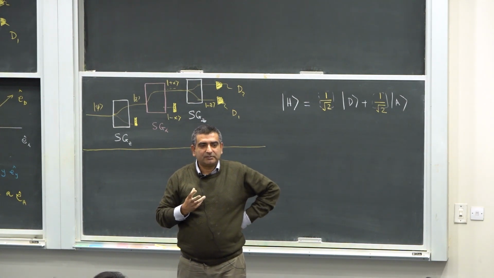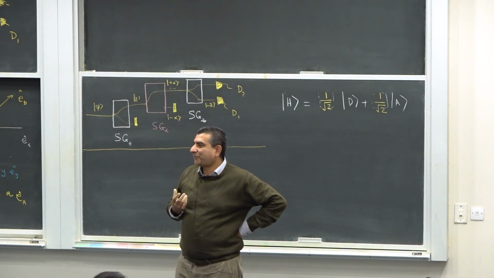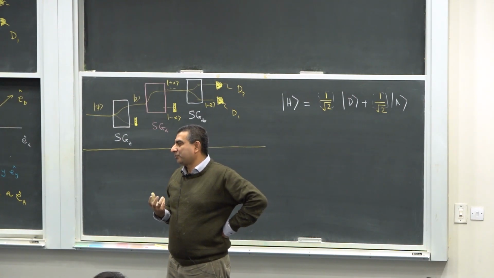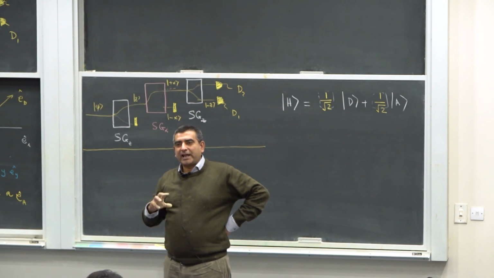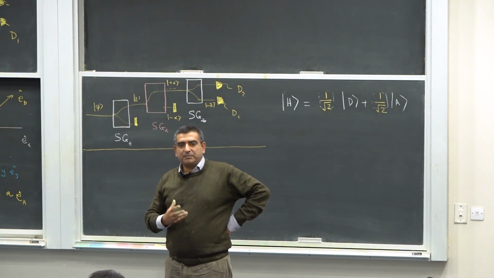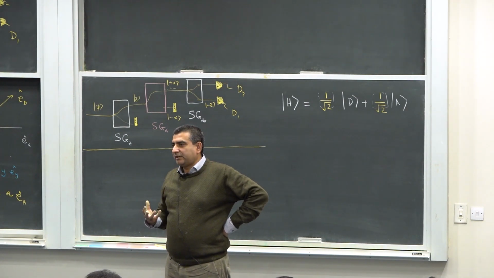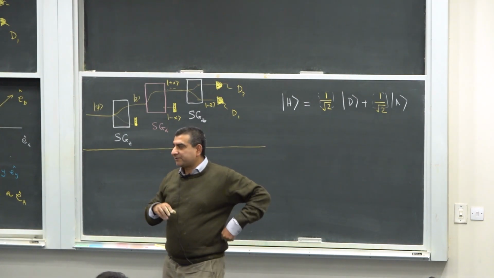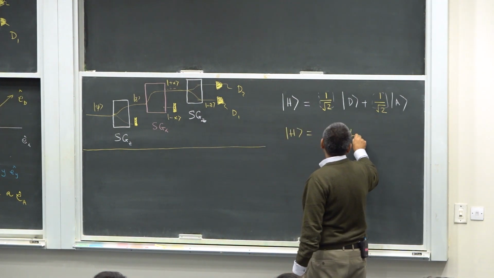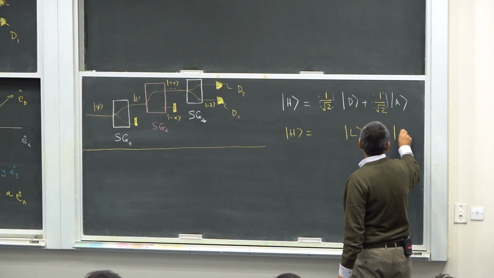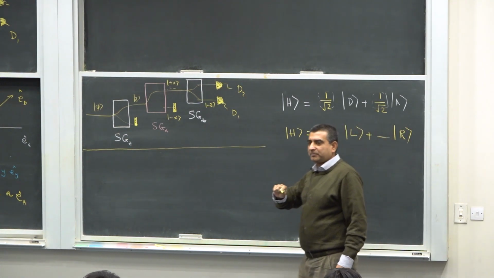A quantum object is very hard to say whether it is horizontally or vertically polarized. A horizontally polarized photon has some character of diagonal polarization in it, an anti-diagonal polarization in it. In fact, a horizontally polarized photon can also be written as a superposition of left and right circular polarization with some coefficients, which is your homework problem, homework number 2.